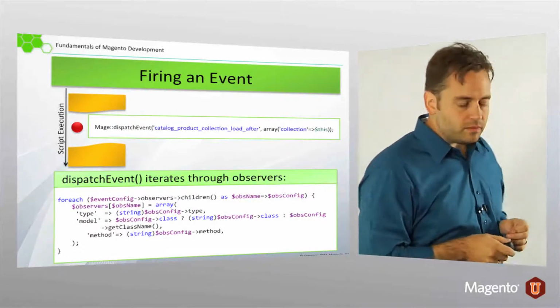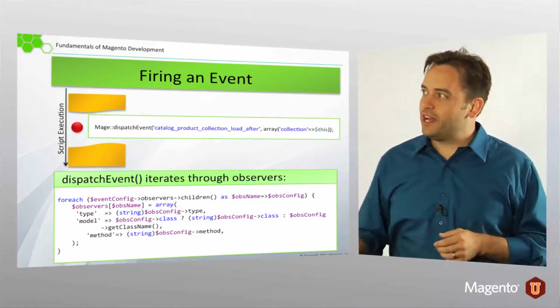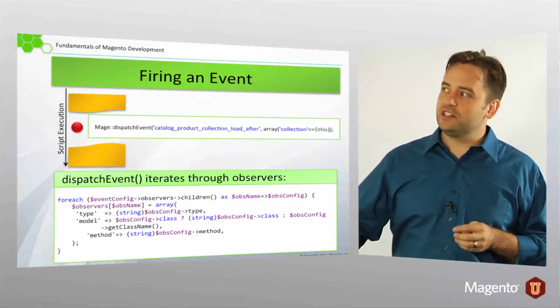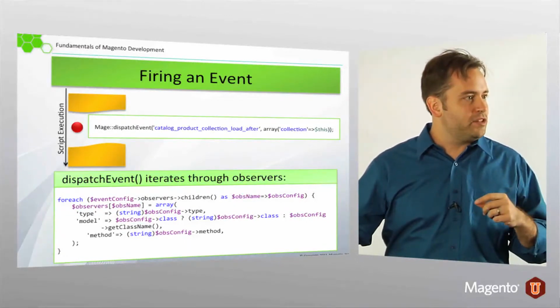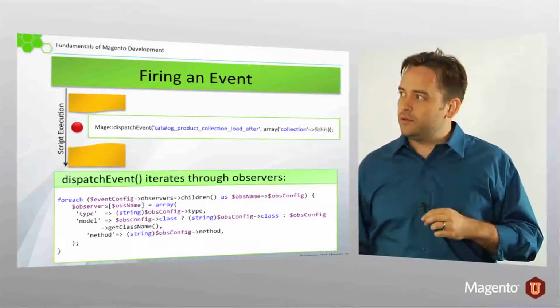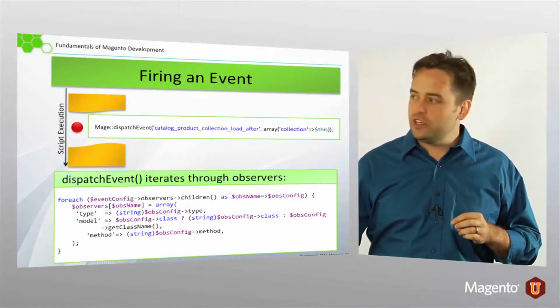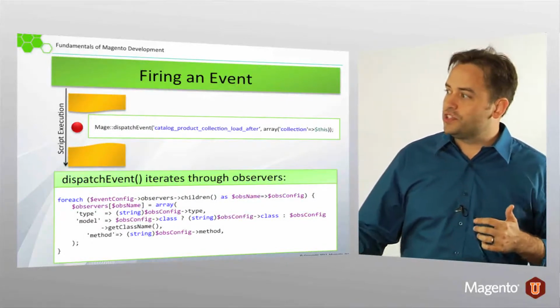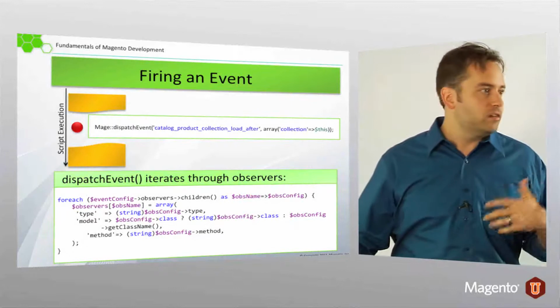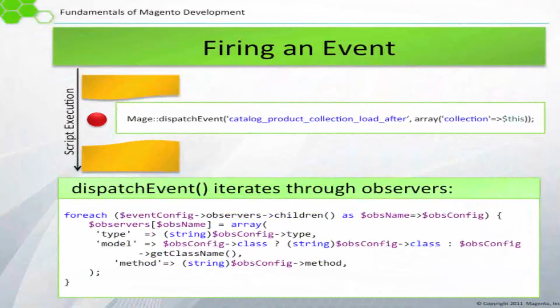So inside the dispatchEvent method in this class, and again, this class is found at app/Mage.php, you can actually look at the definition for this and see all we do is, again, look at our XPath. And we go and we find some XML. So again, we're back to XML configuration. I know I piled a bunch of XML on you yesterday, and I'm going to heap on some more today.